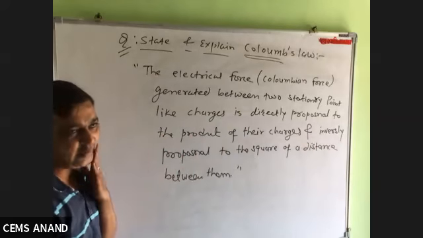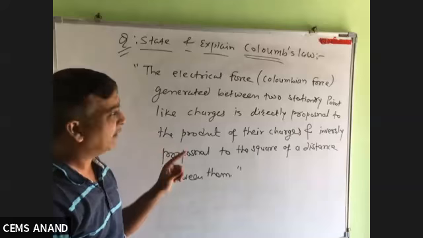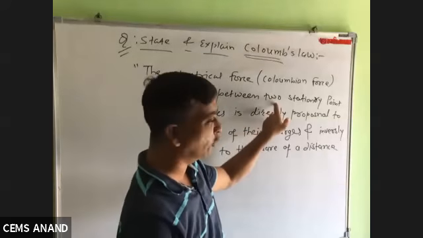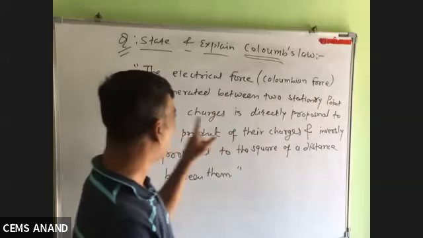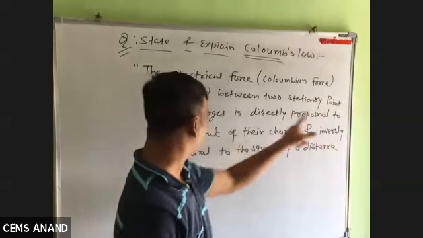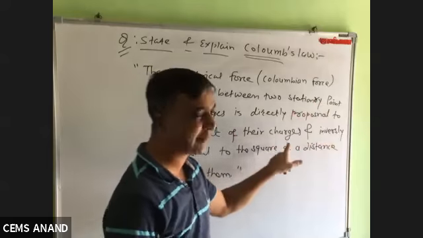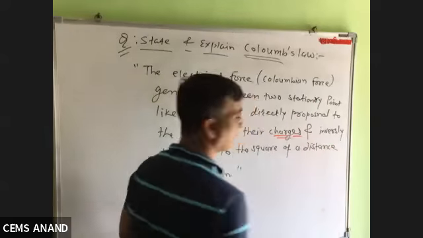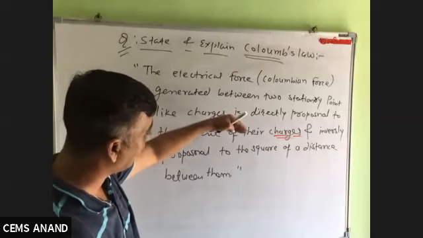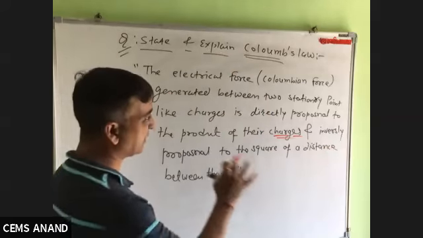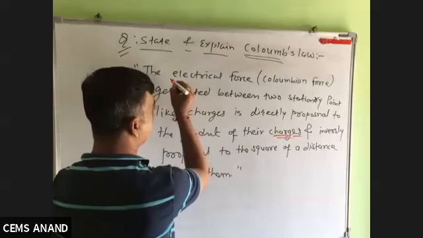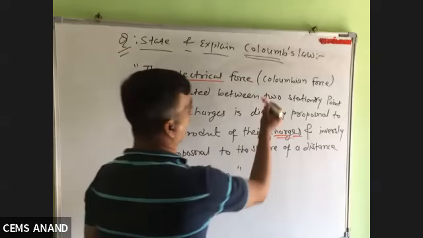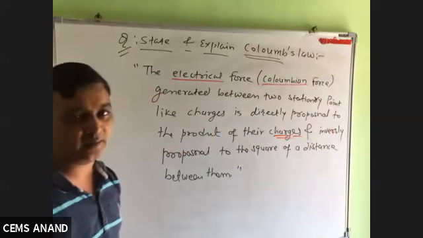Almost like the statement used in gravity, right? The gravitational force generated between two point-like particles is directly proportional to the product of their masses. Here it is charges. The statement up to here is the same. The only change is that the word gravitational is replaced by electrical, or you can say Coulombian as well.